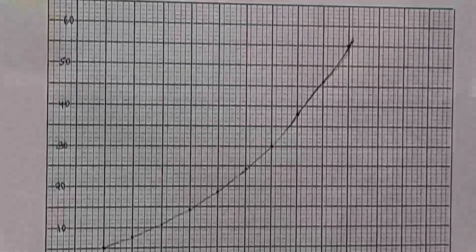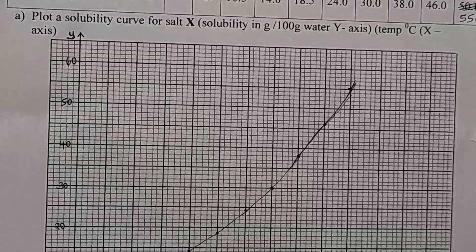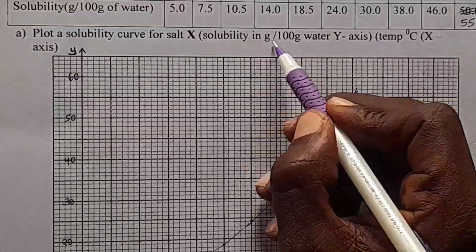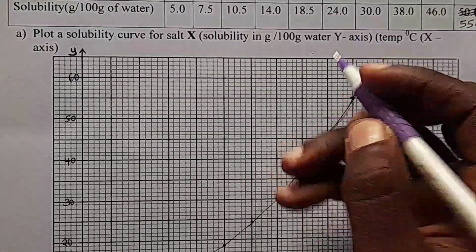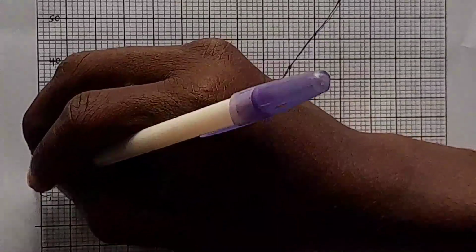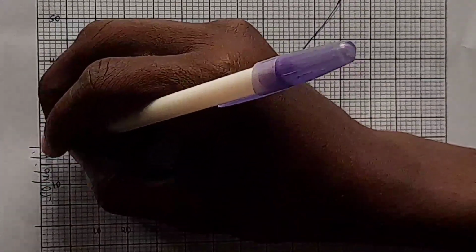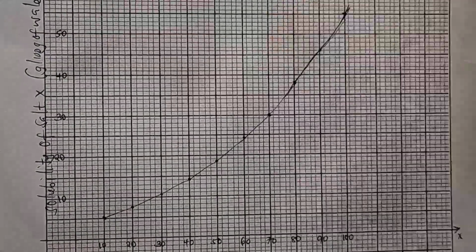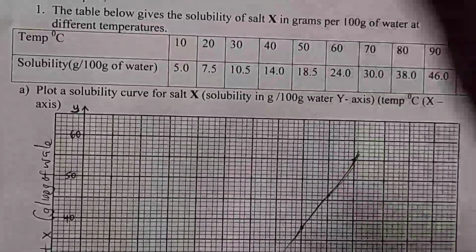So let's first of all label our axes. This is the y-axis. We are told to make it solubility in grams per 100 grams of water. So we are going to label our axis by writing solubility of salt X in brackets grams per 100 grams of water.